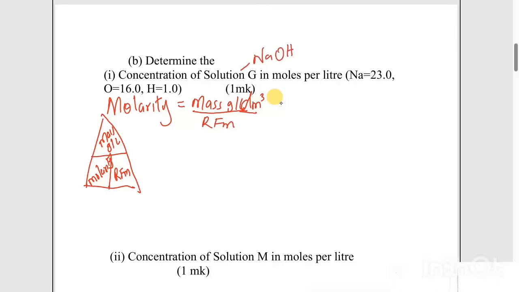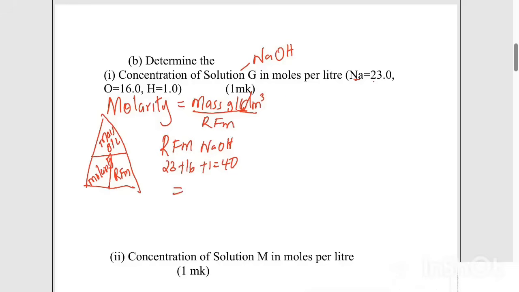So we are going to get the RFM of sodium hydroxide. We have been given here sodium is 23 and the others. So that is 23 plus 16 plus 1 and the answer is 40. Therefore, now we apply the formula.